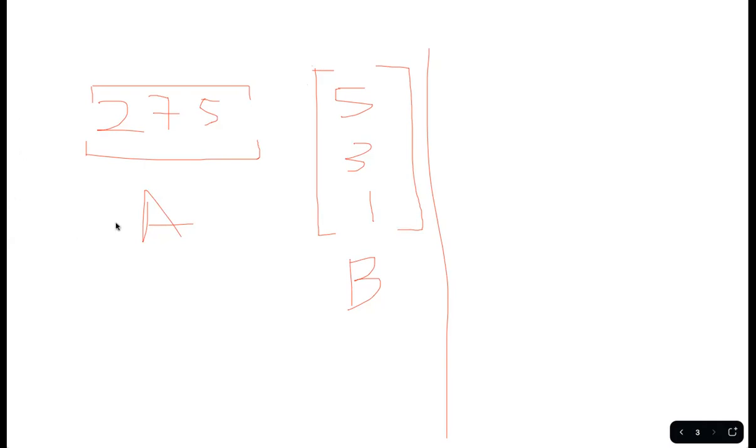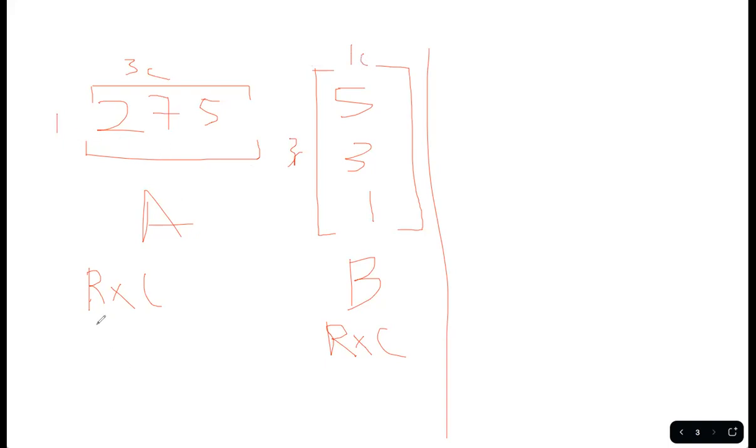So first things first, we always know it's row times column. The row here is 1 row and 3 columns. Here we have 3 rows and 1 column.